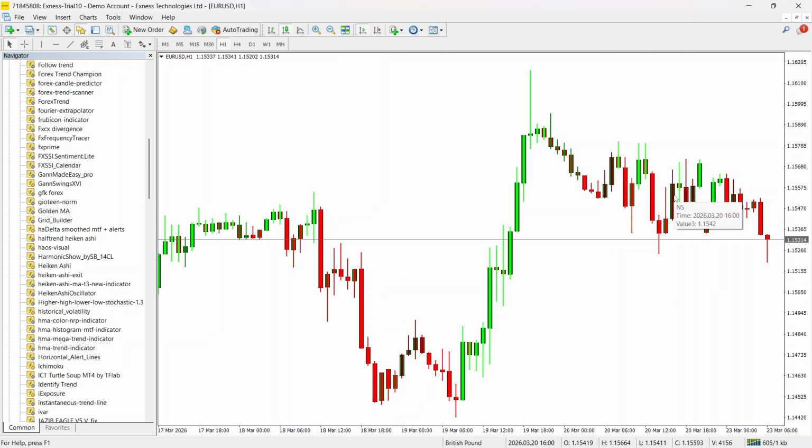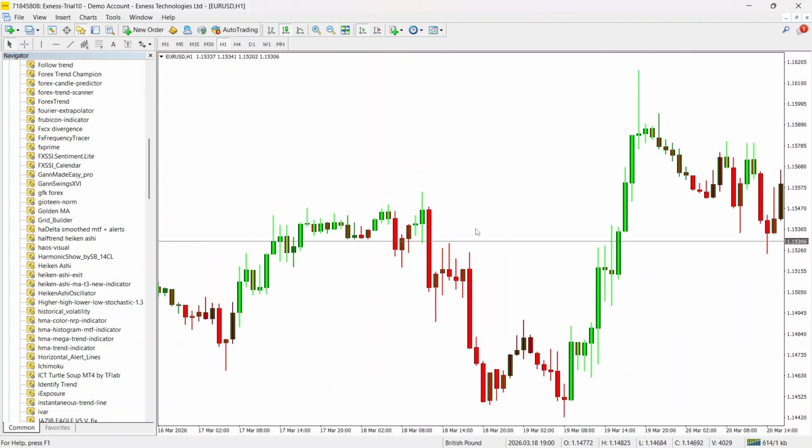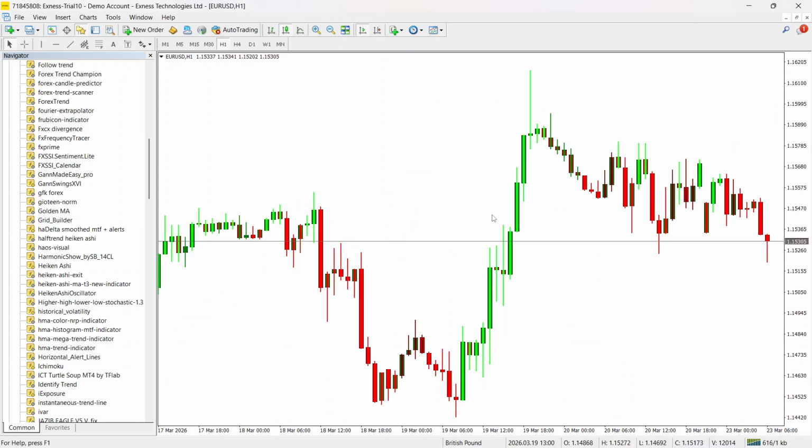As you can see, the dark red candle appears before the change in trend direction, and these are the light red candles. The dark green candles also appear before the change in trend direction, as you can see. This will tell you when the trend is weakening, strengthening, or in a robust decline.